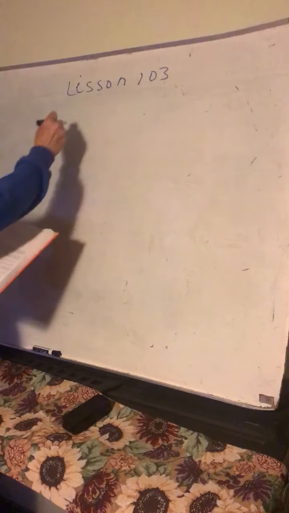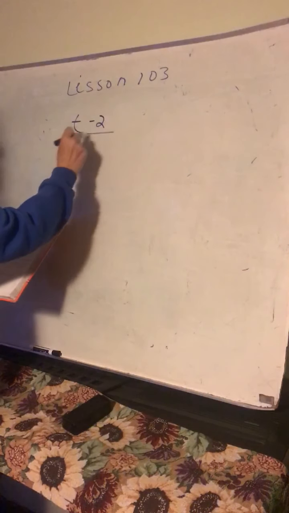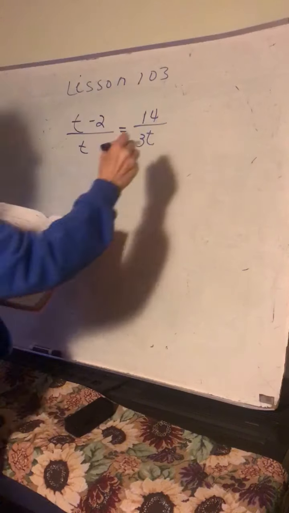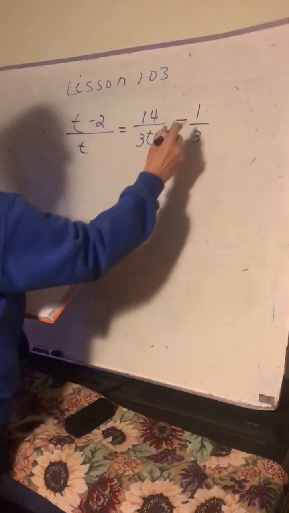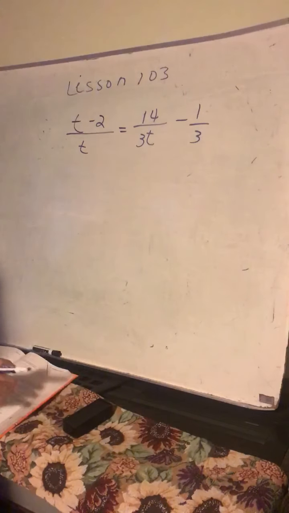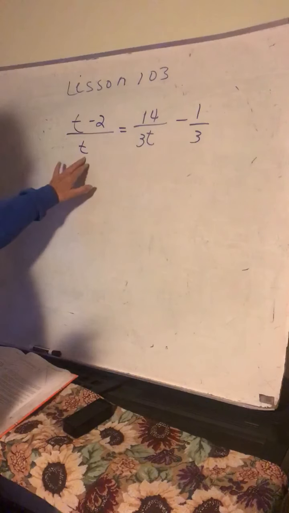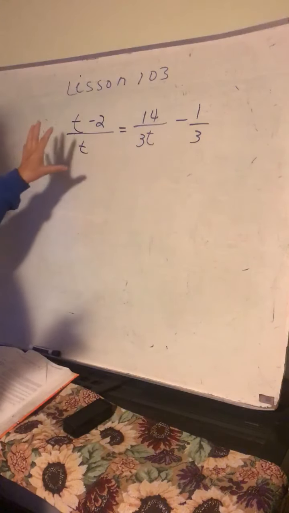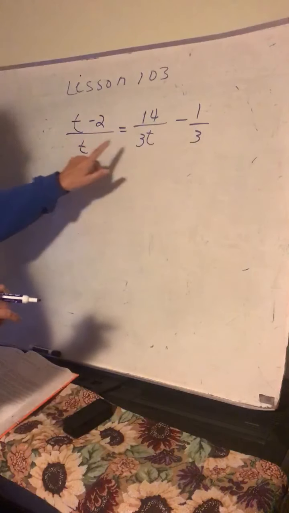Okay, let me do another one for you. This one is t minus 2 divided by t equals 14 over 3t minus 1/3. What we're going to do here is look for the denominator that everything will go into. 3 will go into 3t and t goes into 3t.